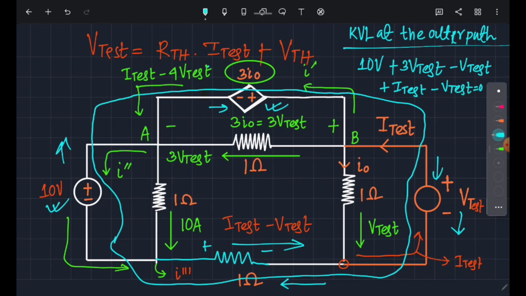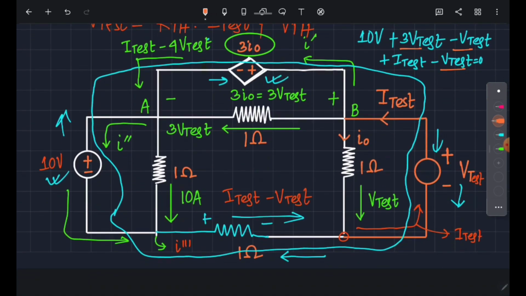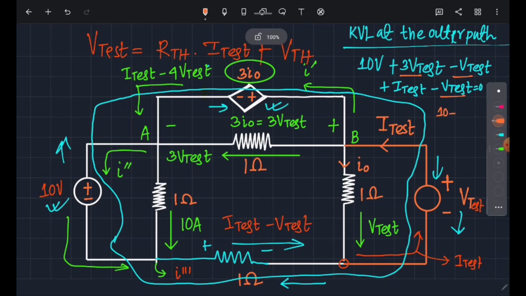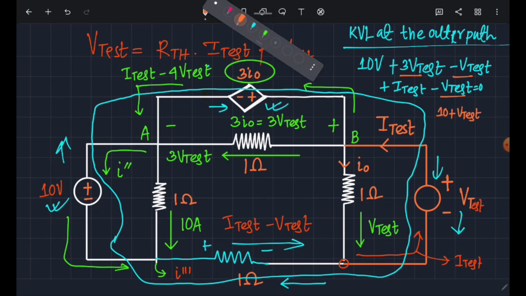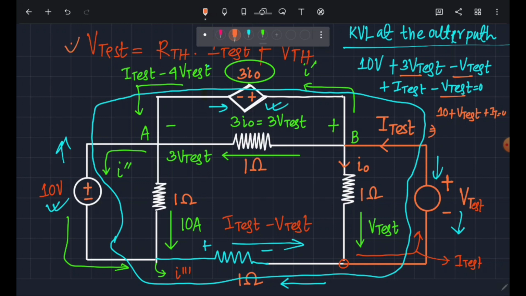Okay, if we reduce this, 3 V test minus 2 V test, we'll get 10 plus V test minus I test is equal to 0. So we'll put it in this form.